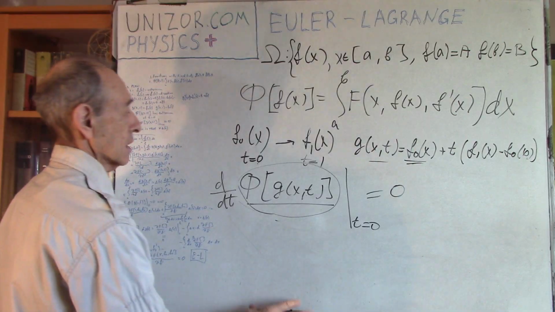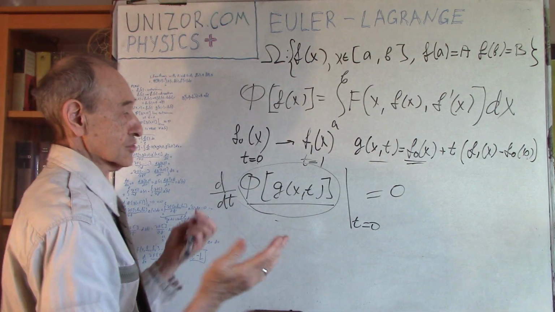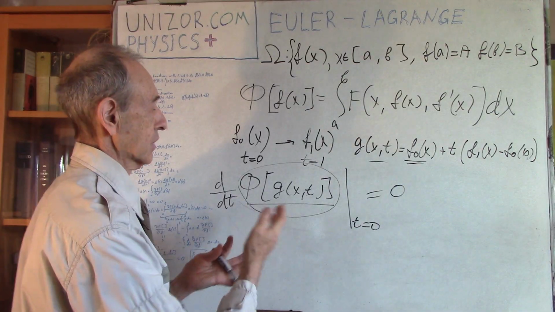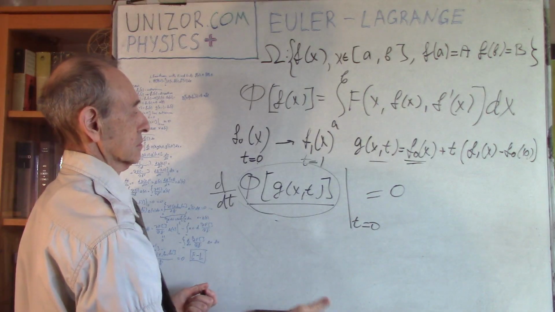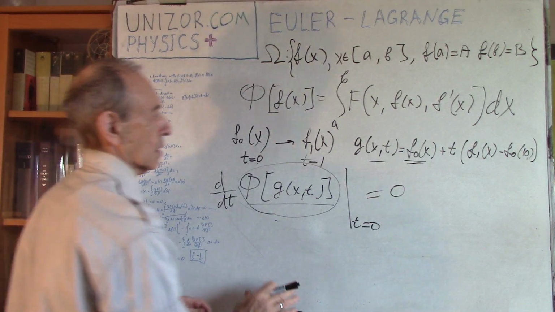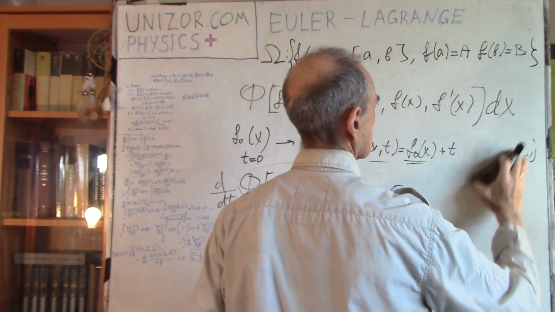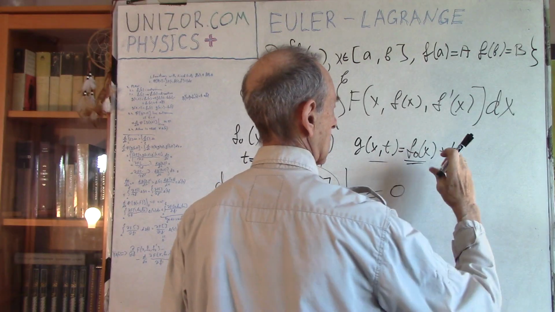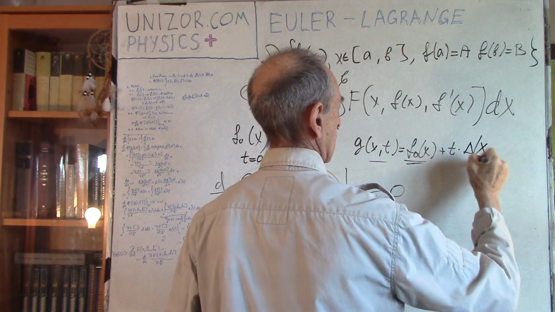Okay? So next we just calculate the whole thing. Next is just a technicality. I will differentiate whatever the function is, and then we will derive the equation. The only thing I will do is replace this with delta of x.